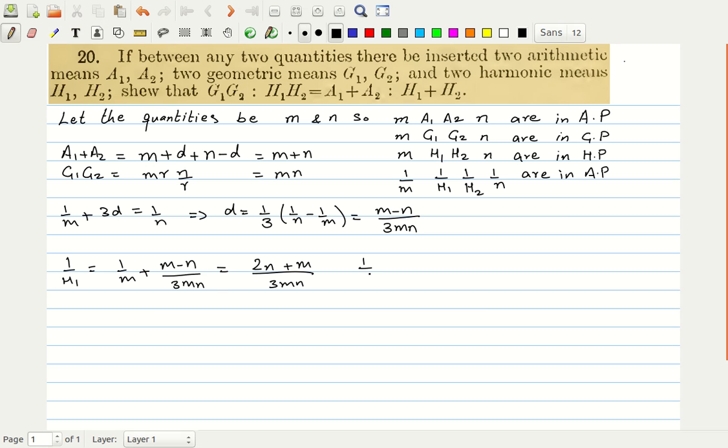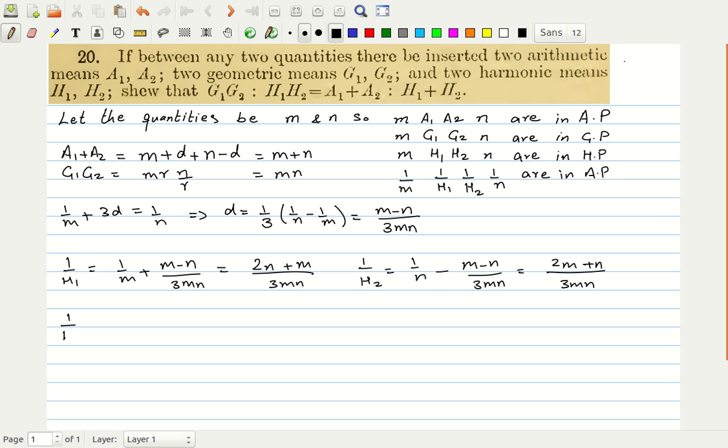What is 1 by h2? 1 by h2 is going to be 1 by n minus the common difference, which is m minus n divided by 3 times mn, and therefore you get 3m minus m is 2m plus n, divided by 3mn.